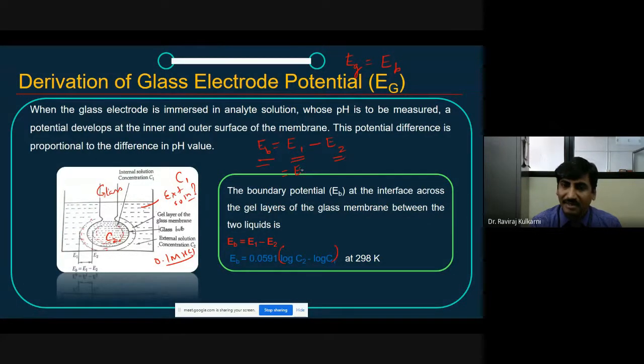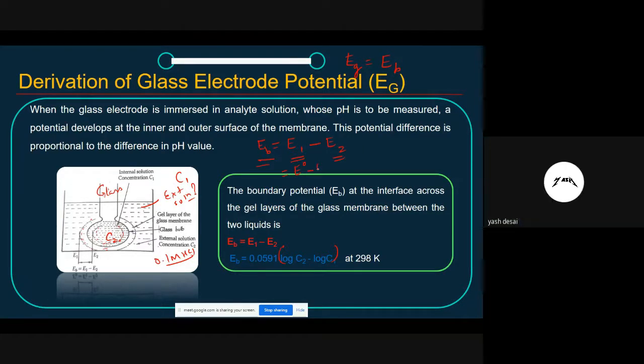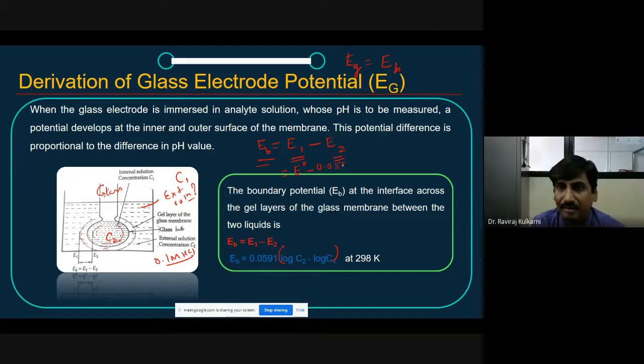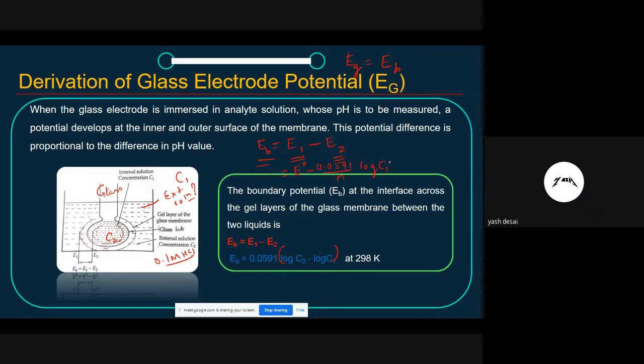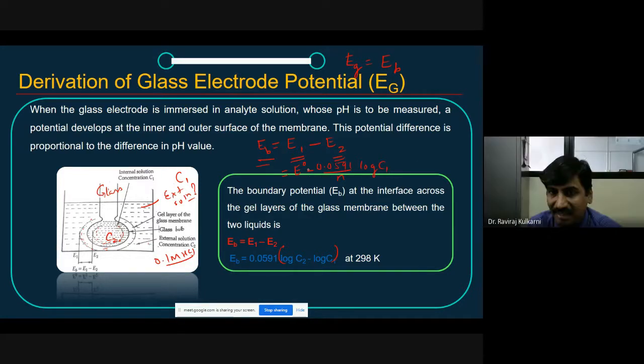What is E1? It is the glass electrode potential with respect to the external solution: E0 minus 0.0591 divided by n log of C1. Then E2, the potential with respect to the internal solution. Sorry, E2 is the internal solution. Again the standard electrode potential of the glass is the same and will not change.